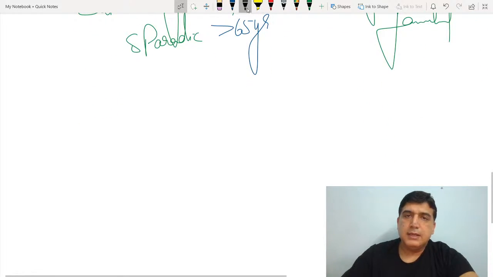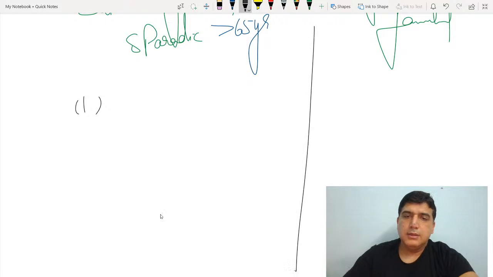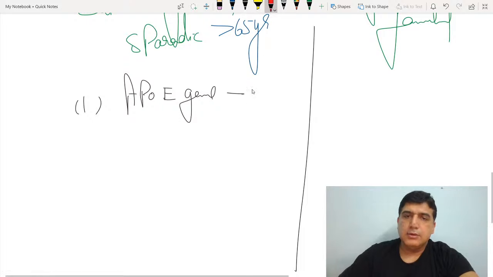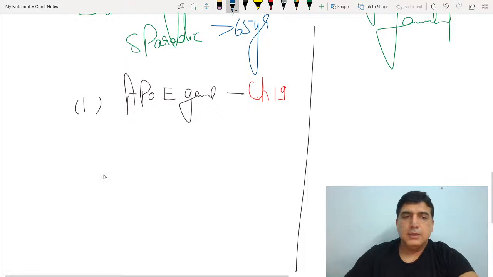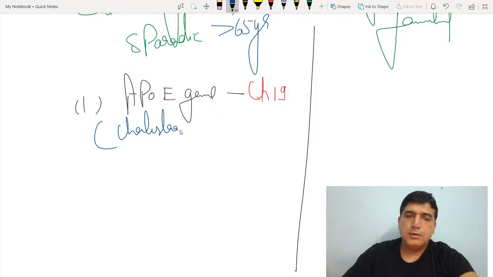In late onset familial dementia, two important genes are involved. The ApoE gene is associated with chromosome 19. The ApoE gene is responsible for cholesterol metabolism.